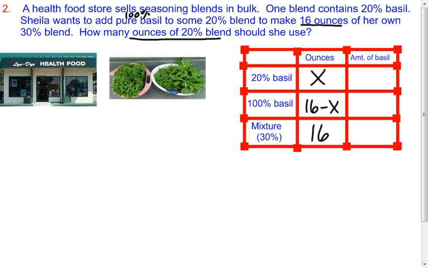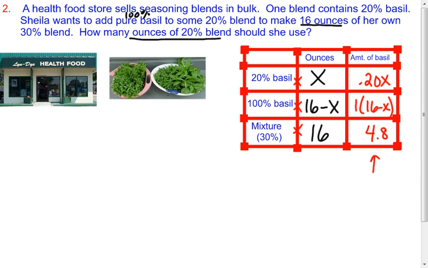To do the amount of basil again, you will always multiply these. 20% times x would be 0.2x. 20% is 0.2, and 100% is like 1, so you have 1 times 16 minus x. 30% is 0.3, so 0.3 times 16 gives me 4.8.